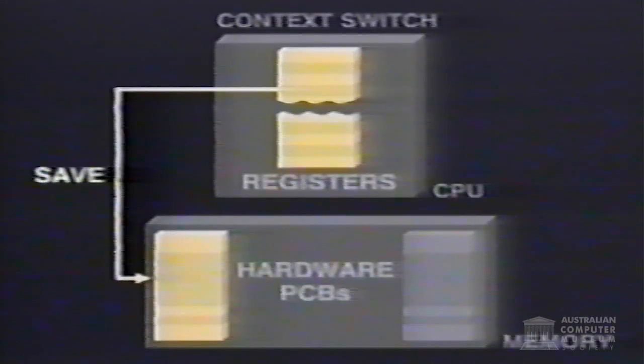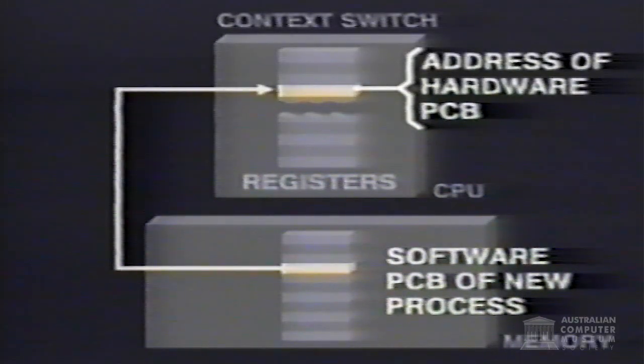The scheduler is now ready to establish the hardware context of the new process. The software PCB of the new process contains the address of the hardware PCB. VMS transfers control to the new process by loading the address into the appropriate special register in the CPU.